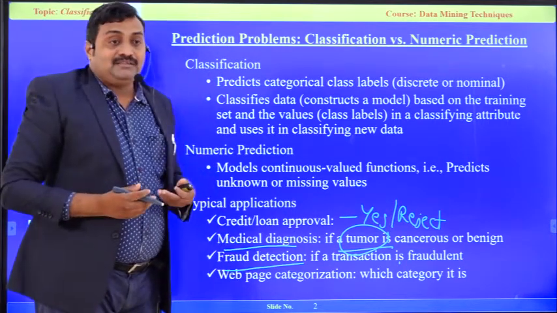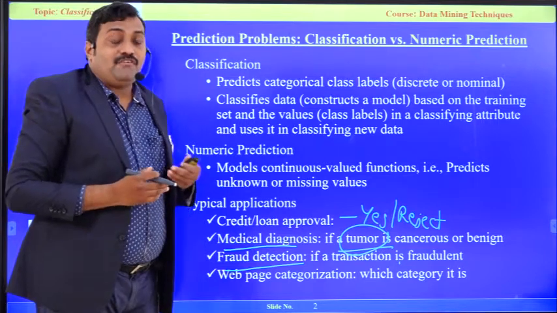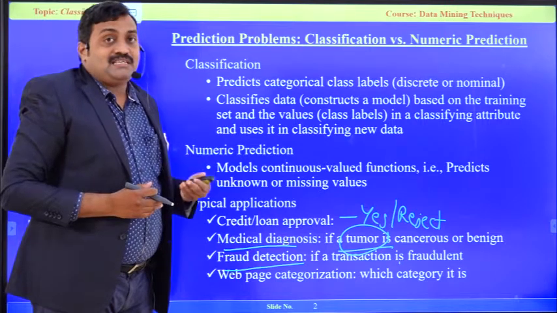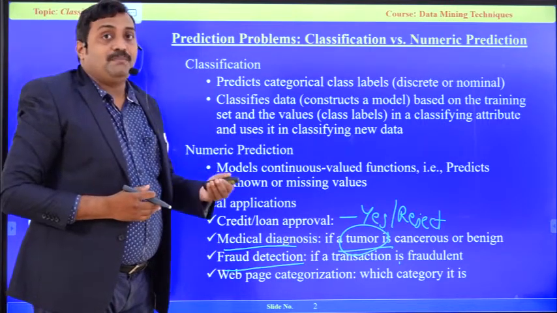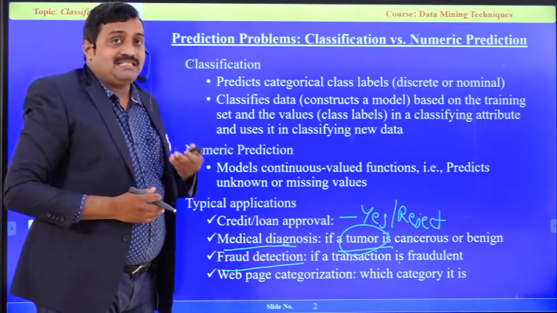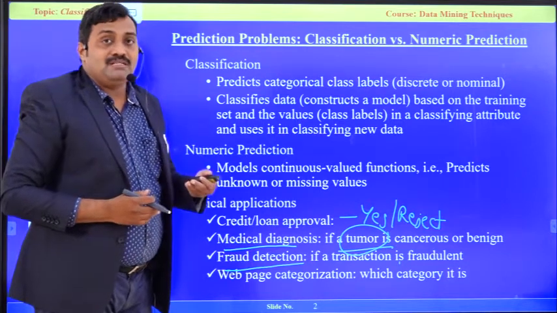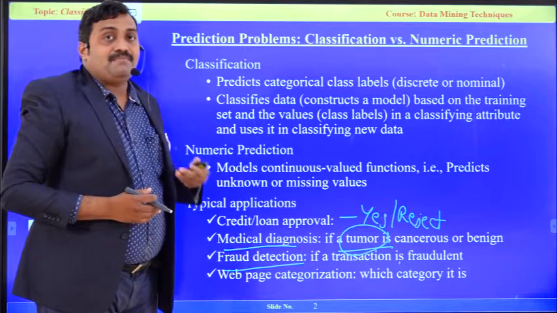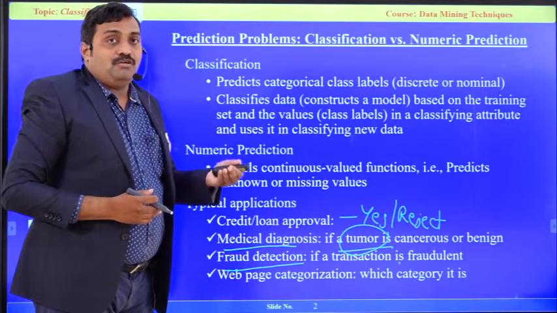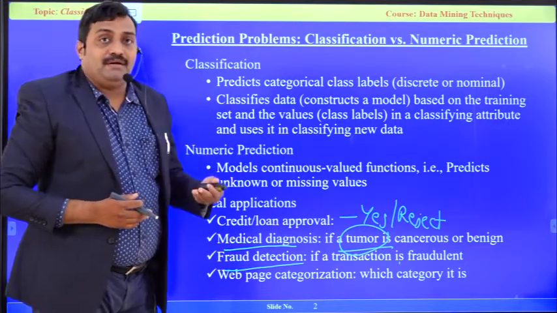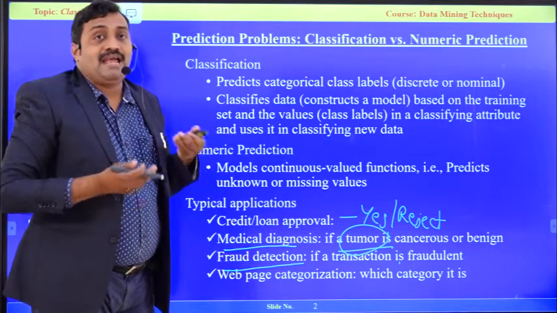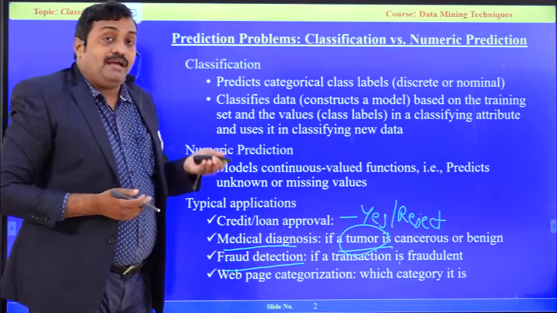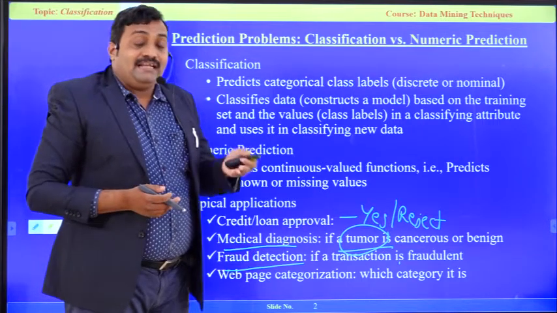Another one is fraud detection, another classification. In the banking sector, nowadays a lot of frauds happen. Unknown persons send an OTP or call us asking for our OTP numbers or CVV numbers, saying they are calling from the bank as a manager, and that your card is blocked. To activate it, please tell your OTP number or CVV number. So an unauthorized person is trying to interact with the customer and get the information.